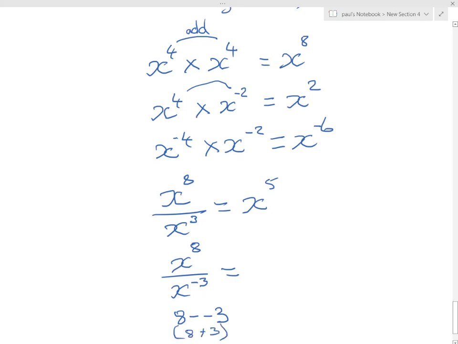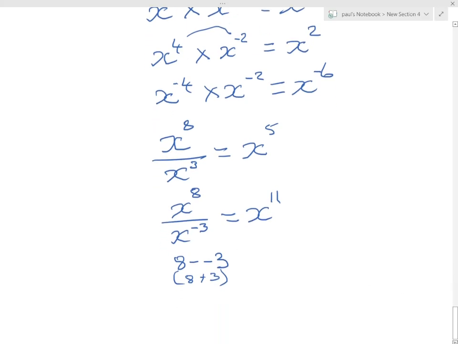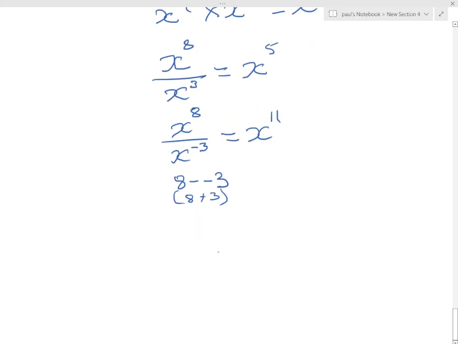So when we have 8 subtract minus 3, it comes out as 11. Two minuses make a positive. We can do a different one there. So if we have x to the minus 4 divided by x to the minus 5, what we've got here is minus 4 subtract minus 5.